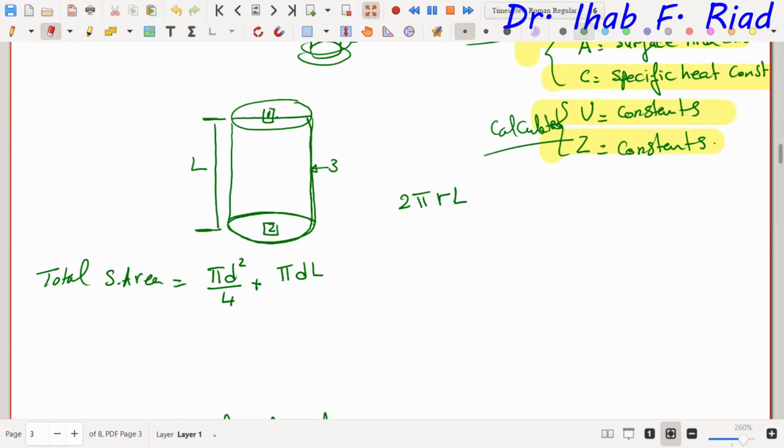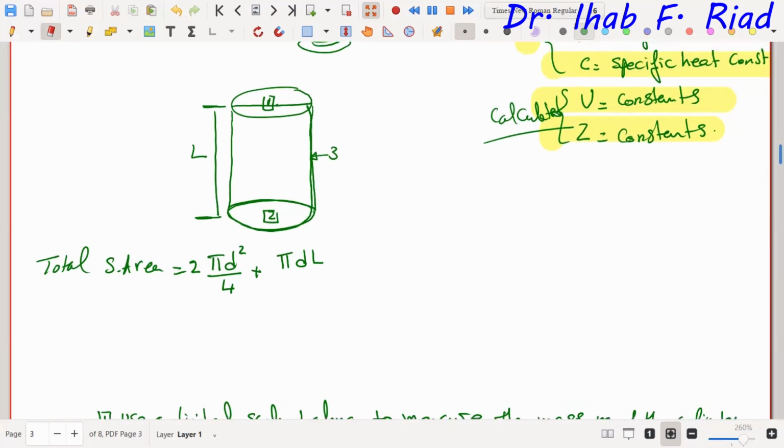Okay, and the first one we should multiply by 2, right? Yes, we should multiply by 2. So this is the total surface area, okay? Okay, good.